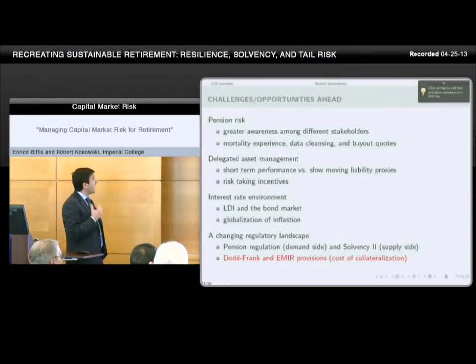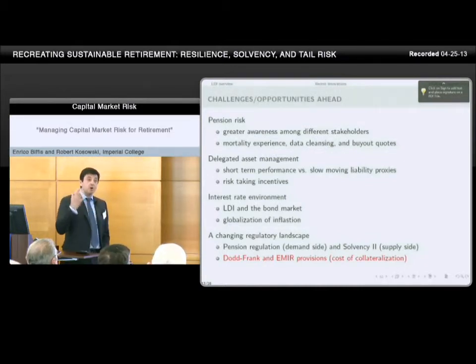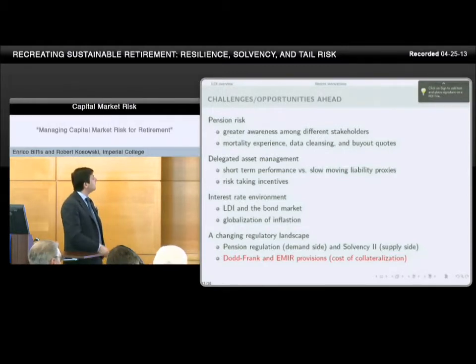I think on the hedgers, on the pension plan side, you see quite a lot of work in terms of understanding the importance of monitoring mortality experience and doing data cleansing exercises, because immediately they translate into a huge discount in terms of the buyout quotes you can get. Then perhaps later, the next speaker is going to talk about the interest rate environment, issues related to inflation and the bond market.